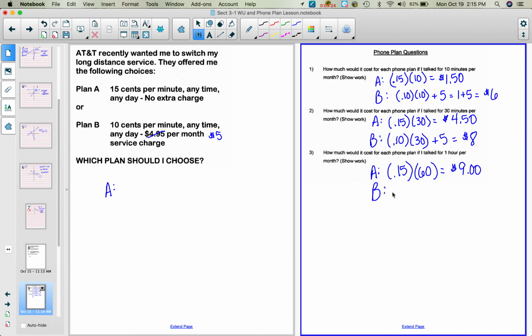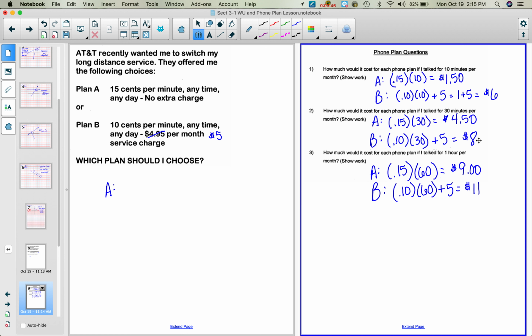Plan B works a little different though. 10 cents for 60 minutes is $6, plus 5 is $11, so it's still cheaper for me to go with Plan A if I'm going to talk for an hour, which is 60 minutes. But notice the difference, it's not as big.